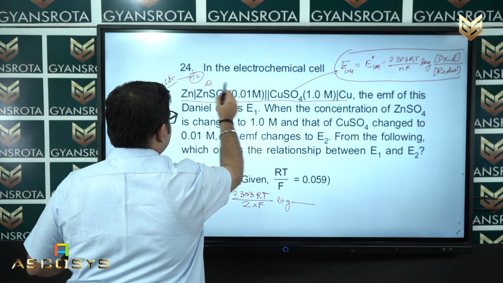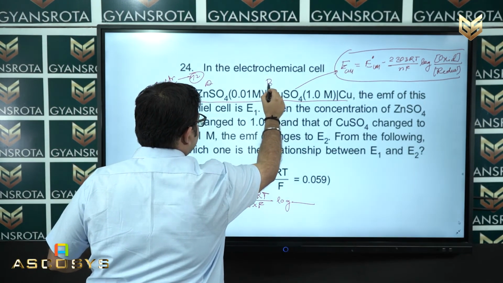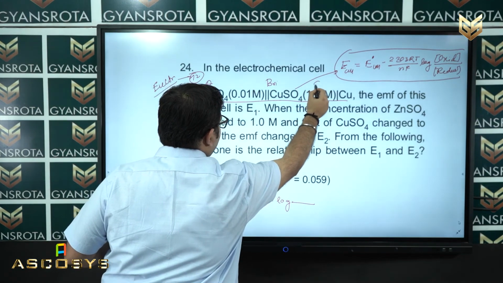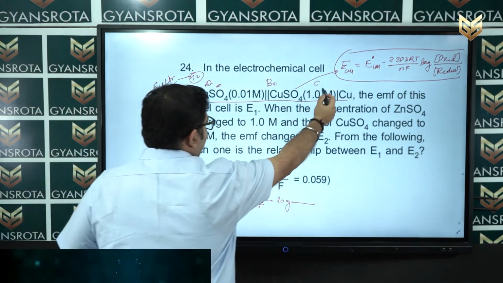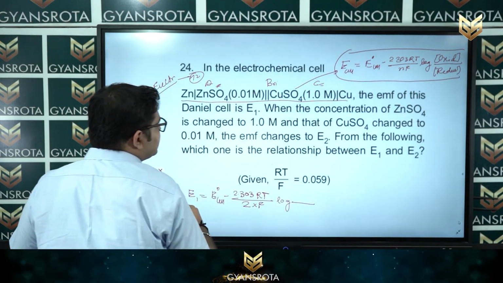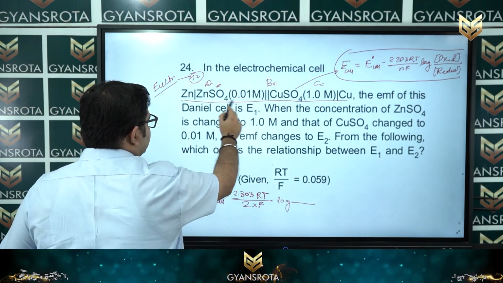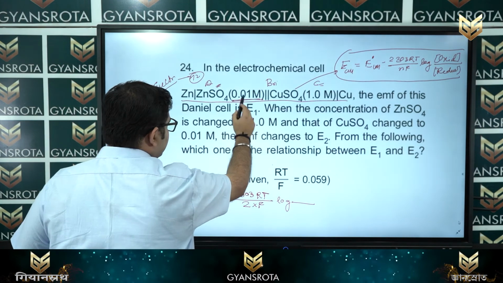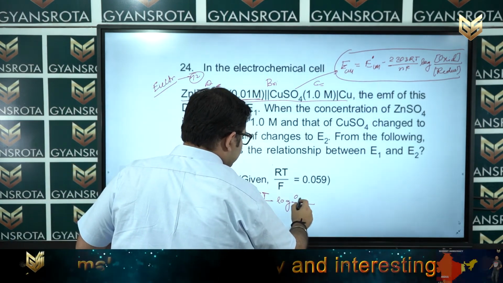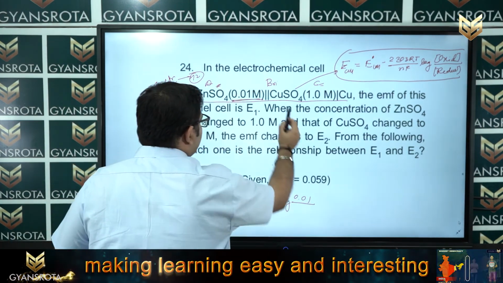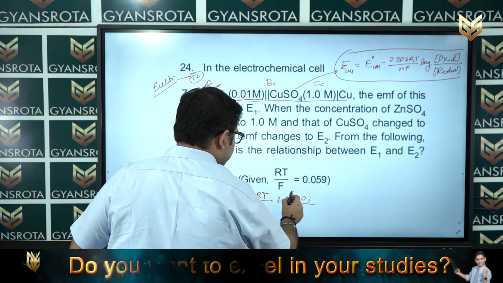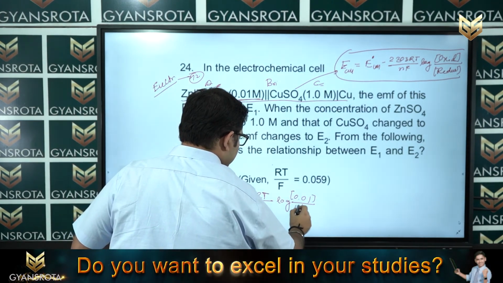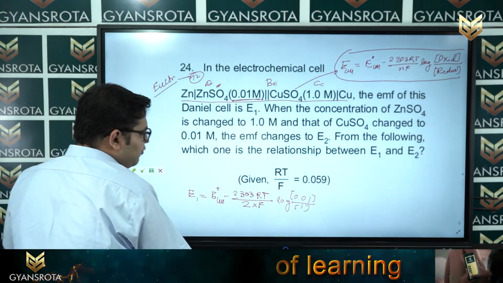See, this is the anode, this is the bridge and this is the cathode. In the anode the oxidation reaction takes place and in the cathode the reduction reaction takes place. So, what is the concentration given for the anode? That is 0.01, and what is the concentration for the reduction process? That is 1. So, this is for E1.